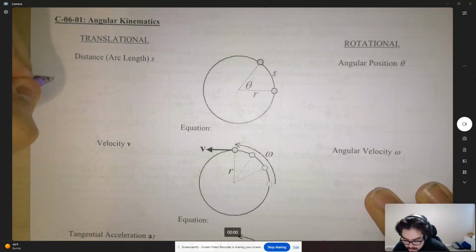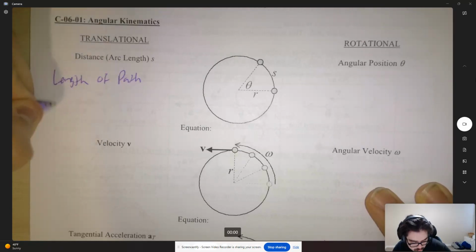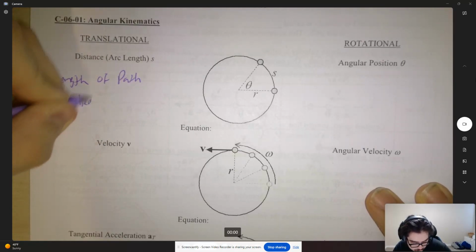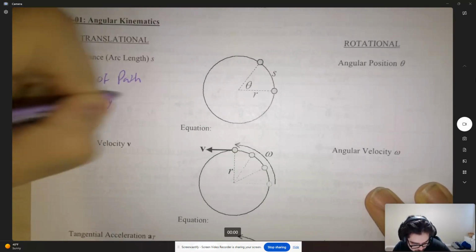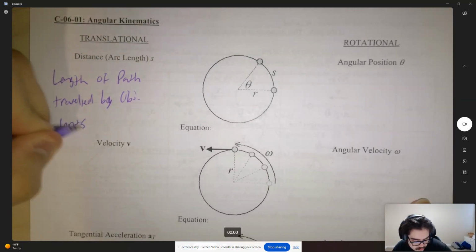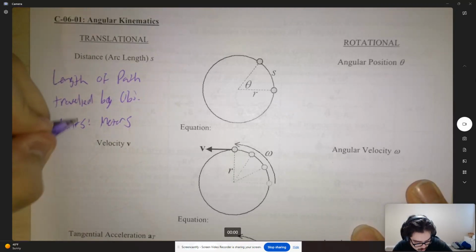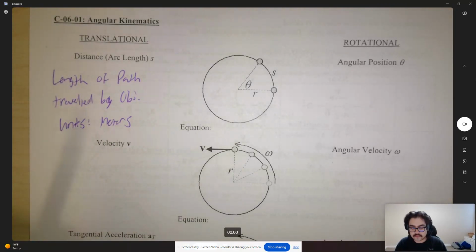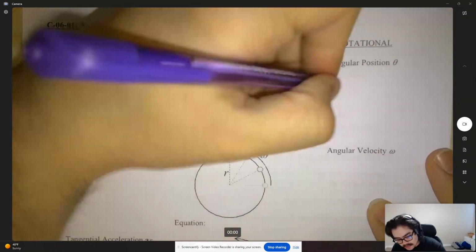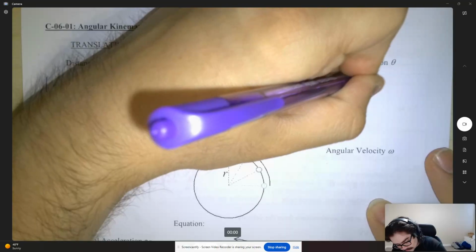Well, arc length is the length of path traveled by an object. Okay, and the units for that are meters, because it's the distance that the object travels. Angular position is what we call the angle that is subtended.